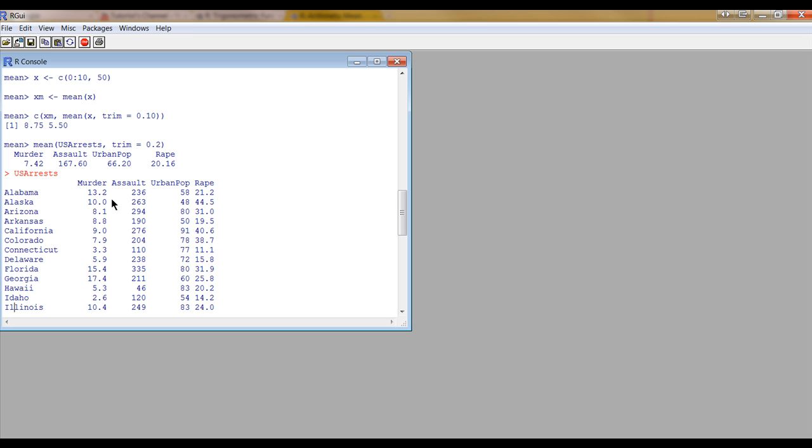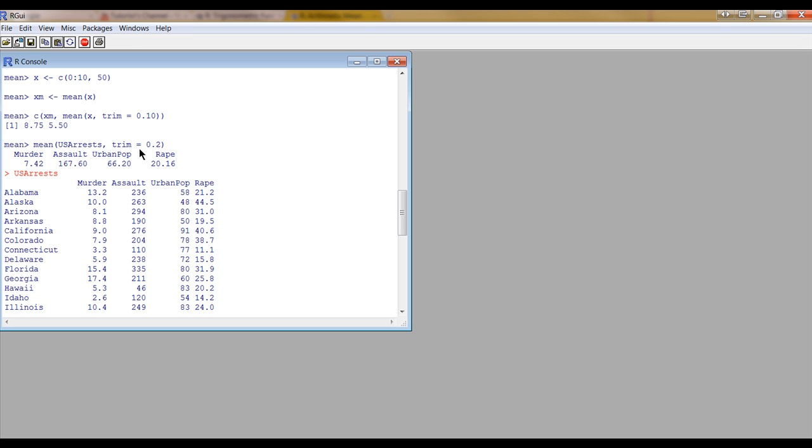Well, fortunately, what it means is that it'll do each one of them. So it'll do the mean murder, the mean assault, the mean urban population, the mean rape. So you can put in a whole data table here, and then write mean, and it seems like it will know what to do.